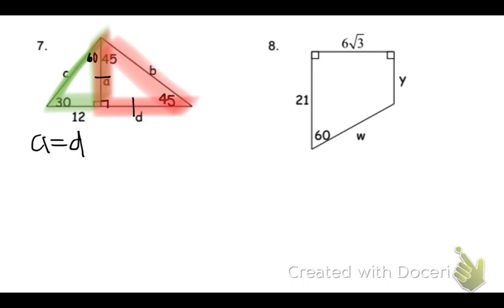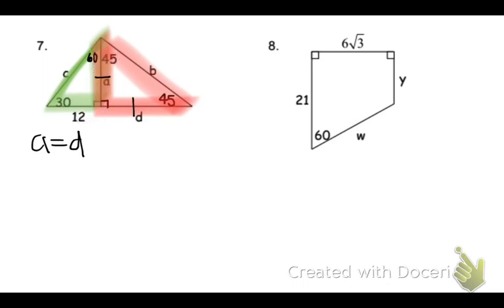But we can't really figure out A and D yet until we somehow figure out things about the 30, 60, 90 triangle. Well, let's look at the pattern for our 30, 60, 90 triangle. In a 30, 60, 90 triangle, the side that's across from 30 is X in our pattern. So in this case, A is the X of the pattern. The side that's across from 60 is X root 3.